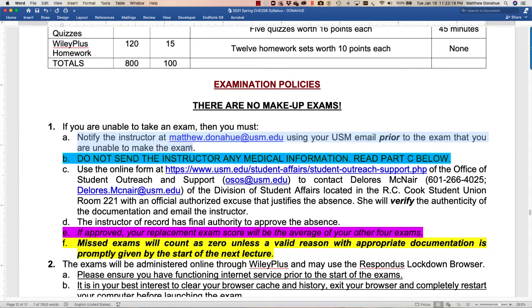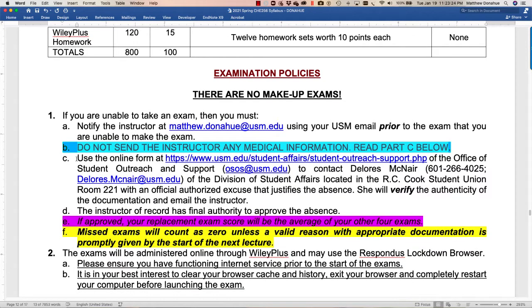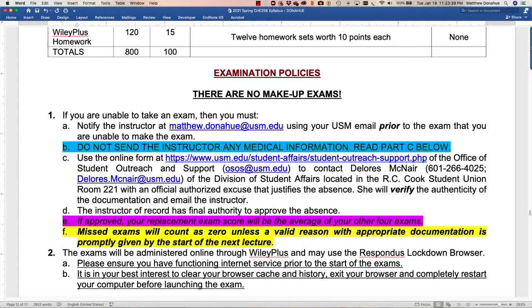please notify me before the exam. Do not send any information to me directly. You must use this online form at the Office of Student Outreach and Support so that Dolores McNair can validate or verify the authenticity of the documentation, and then she will subsequently email me.